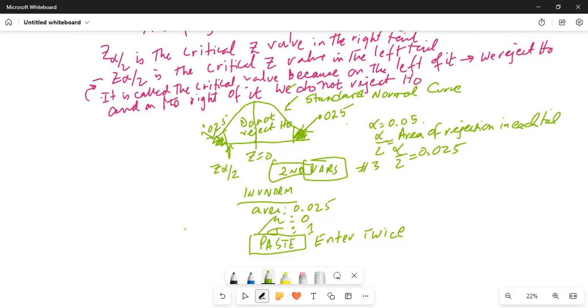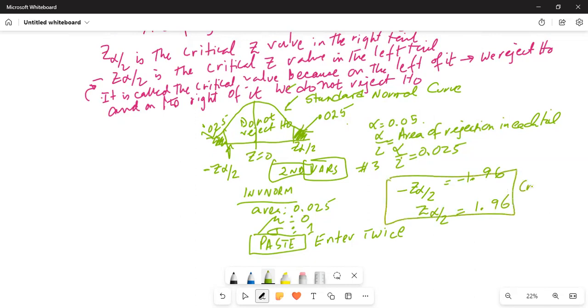This critical value on the left tail is minus Z alpha by 2, and this is positive Z alpha by 2. So minus Z alpha by 2 is equal to minus 1.96, and positive Z alpha by 2, by symmetry, is 1.96. These two are the critical values.